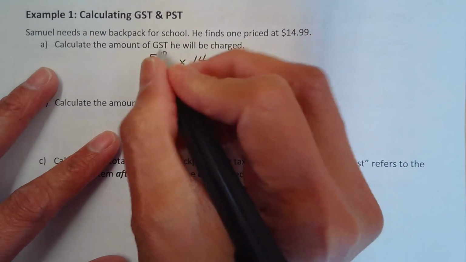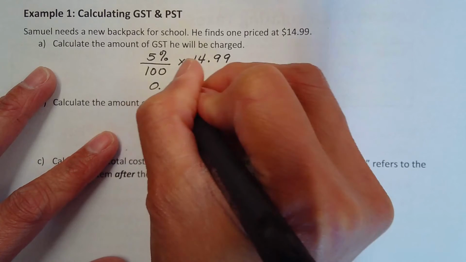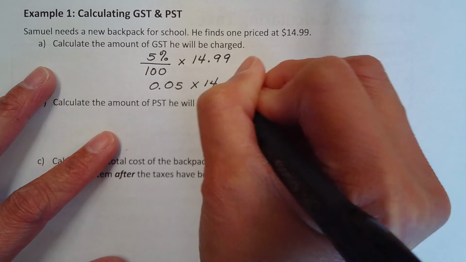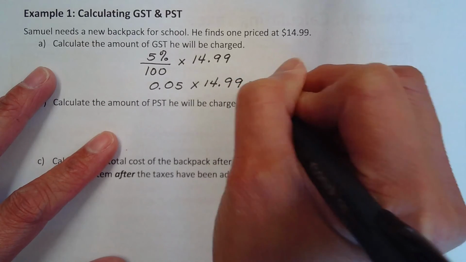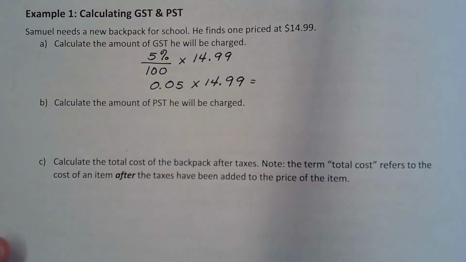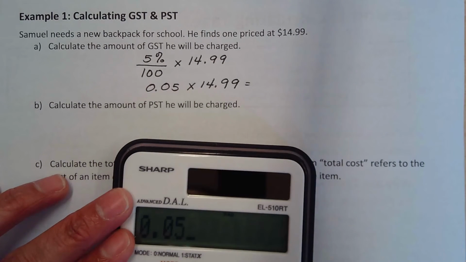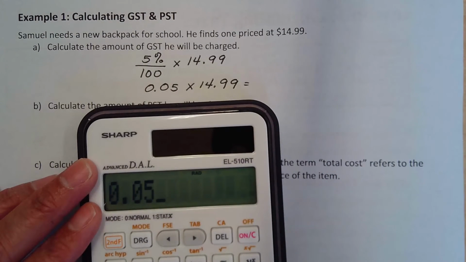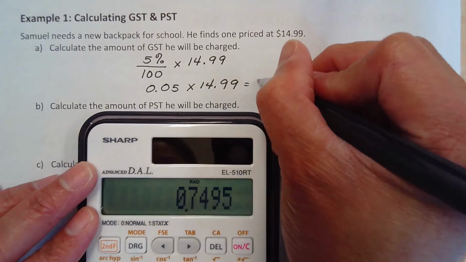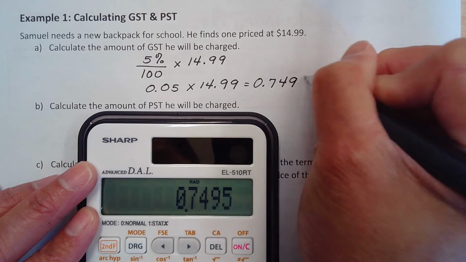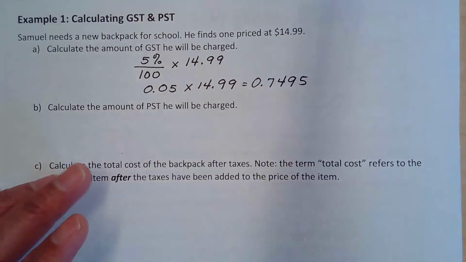So the GST is 0.05 times $14.99. How much is that? I get 0.7495.